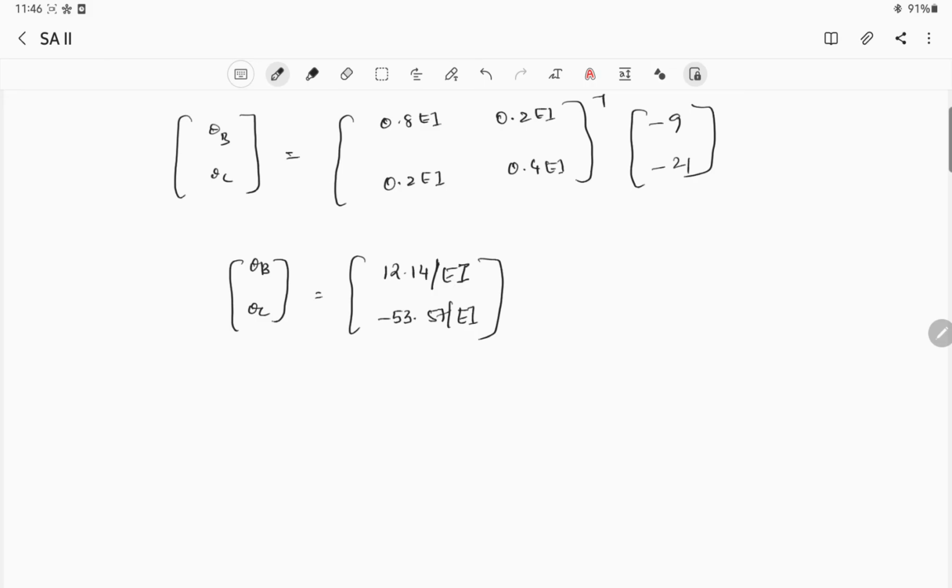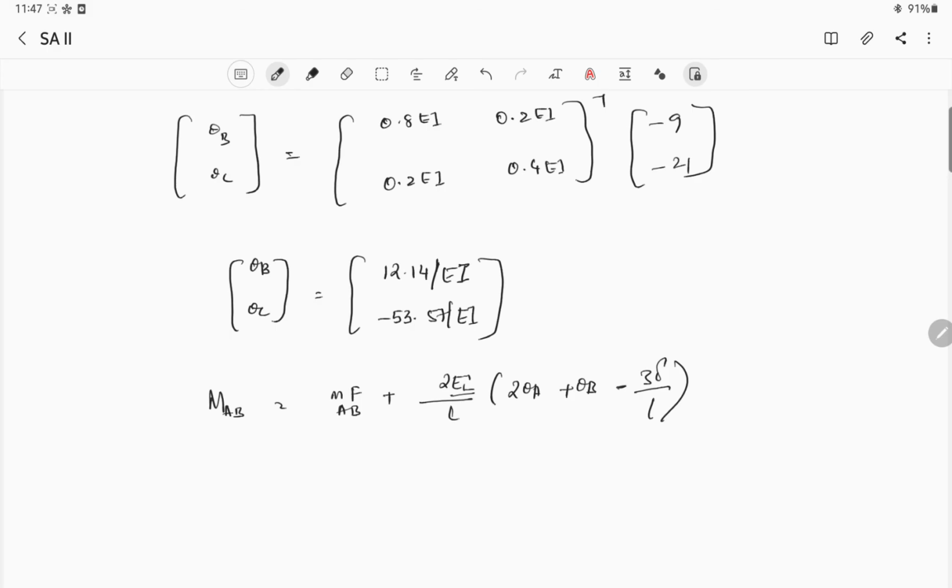So once you solve theta B and theta C, you substitute all these values of theta B and theta C directly in capital MAB formula. Capital MAB is equal to MFAB plus 2 EI by L into 2 theta A plus theta B minus 3 delta by L, right?